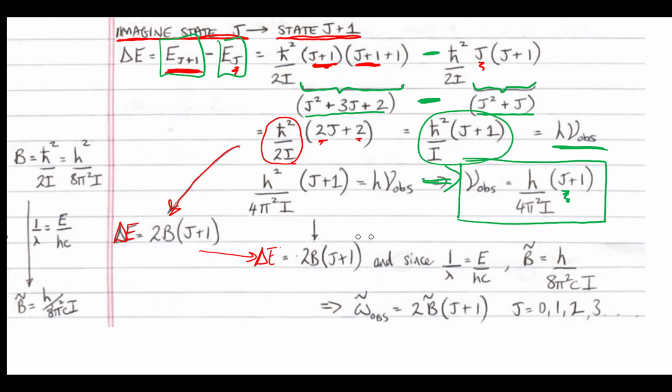But also, when we think about it, this energy over Planck's constant times the speed of light in the denominator is equal to 1 over the wavelength. And 1 over the wavelength, at least when we write it in units of centimeters to the minus 1, those are wave numbers. We saw this with vibrations, and we can certainly do this for rotations as well. In spectroscopy, we often use wave numbers.